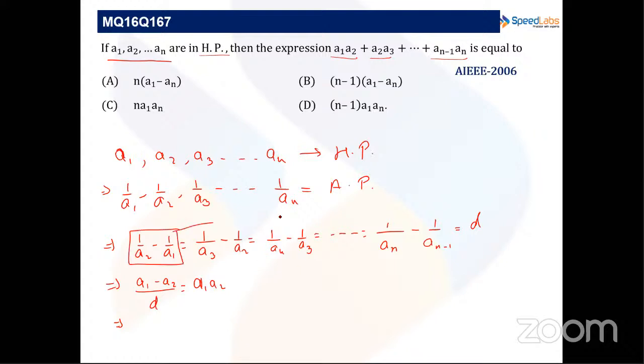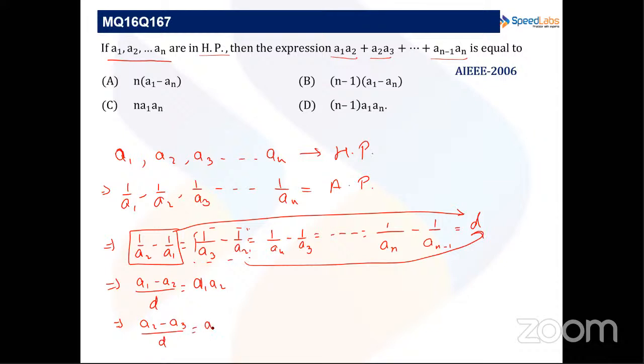If we are doing the similar thing with the second term and the common difference, then we would be getting (a2 minus a3) upon d equals a2 a3, and so on.